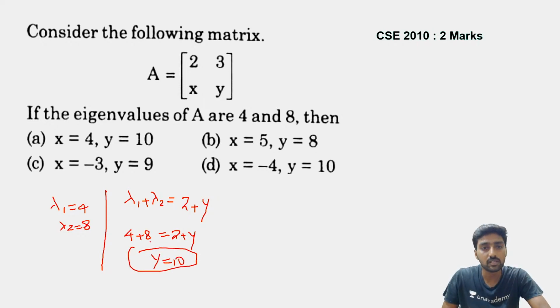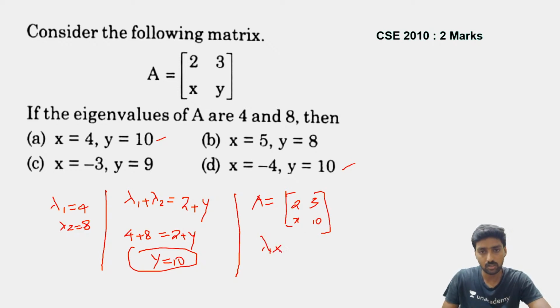If you know y is equal to 10, it is satisfied in both option A as well as option D. And what will be the value of x? Next, what we need to check here is the value of x. We know the y value, so substitute that y value into the matrix. Therefore A is equal to 2, 3, x, 10. Now the determinant is equal to lambda 1 into lambda 2.